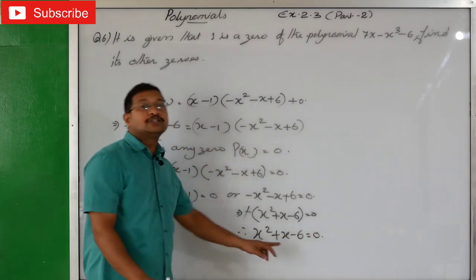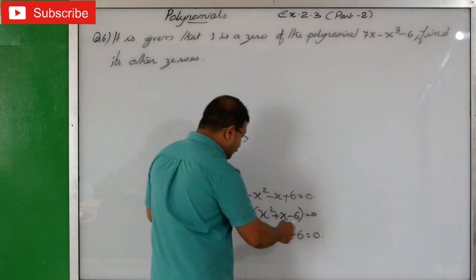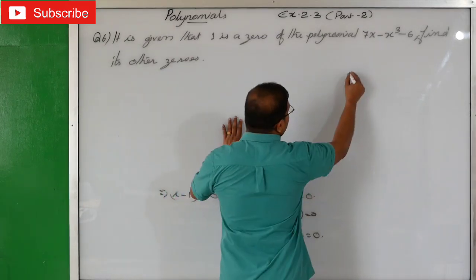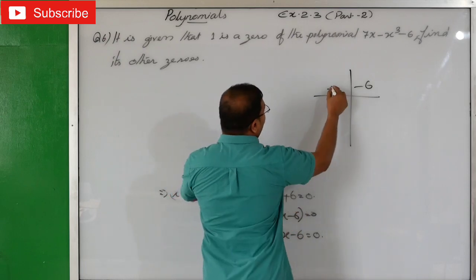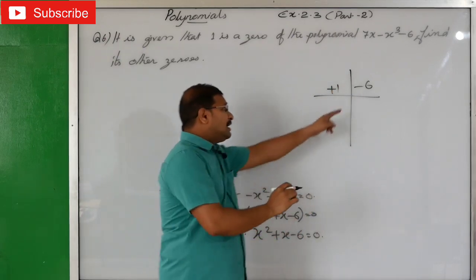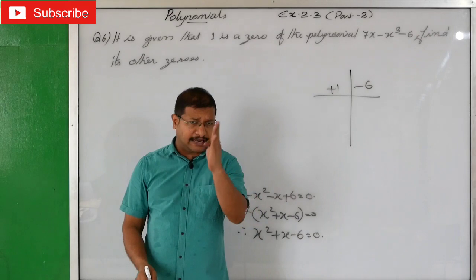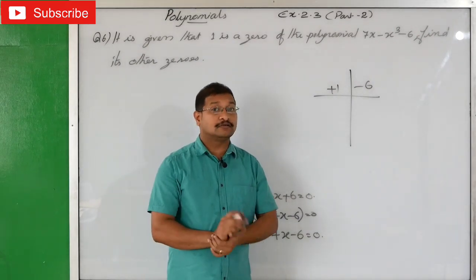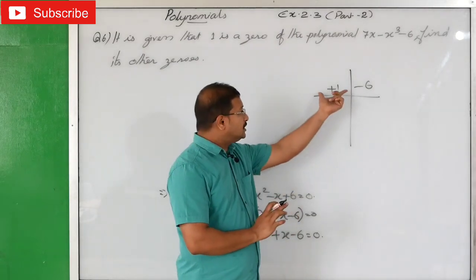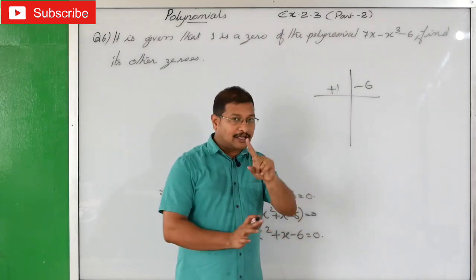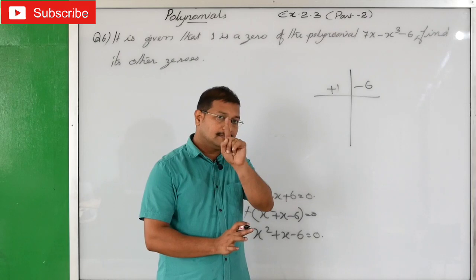Now what will you do? Splitting the middle term. So we will split the middle term. That means the multiplication place is minus 6, the addition place is plus 1. And we know that if the multiplication place is minus 6, minus shows that one of the numbers is minus. And if the addition place is plus, it means the bigger number is plus.